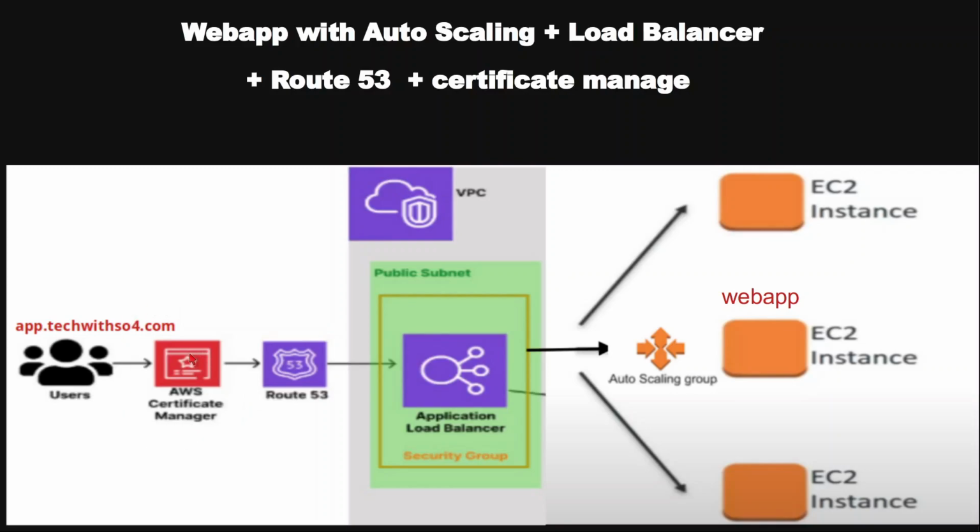Now we are going to request a certificate which will help us to securely access our web servers. So at the end of the day, we want to be able to type in app.tech with so4.com to access our web server securely. So that's what we are going to do in today's video.